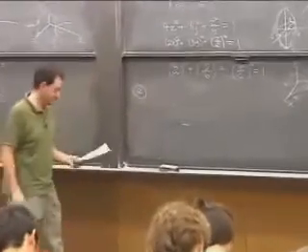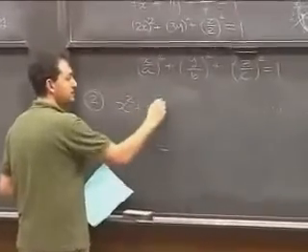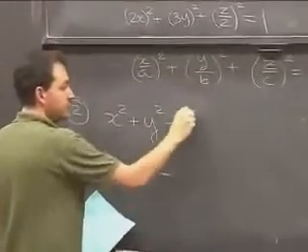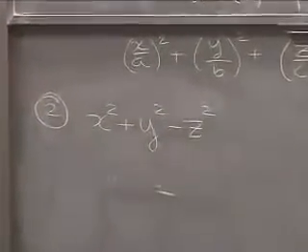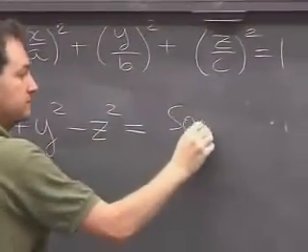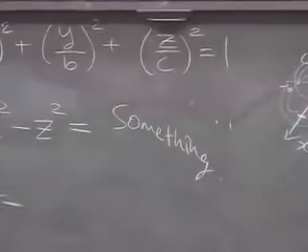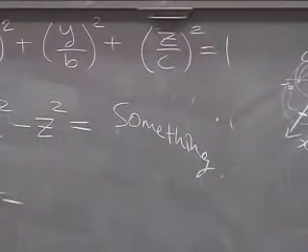What if instead you had x squared plus y squared minus z squared equals something? Okay, so 2 of them are positive. They're all squares.